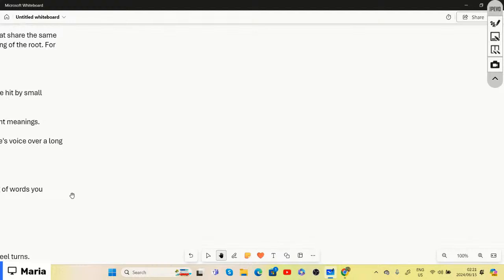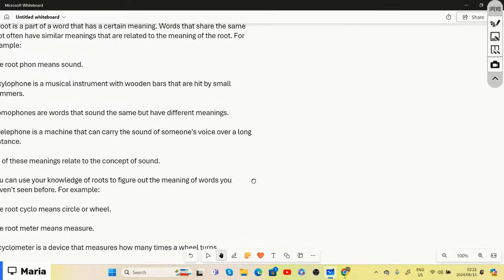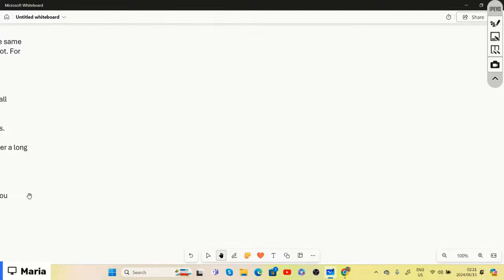All right, and we said cyclo means round, means circular. We even think of it as a wheel, we think of it as a circle, because cyclo means circle.